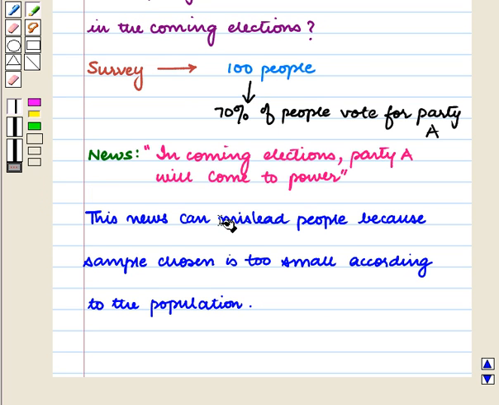This news can mislead people because the sample chosen is too small according to the population.